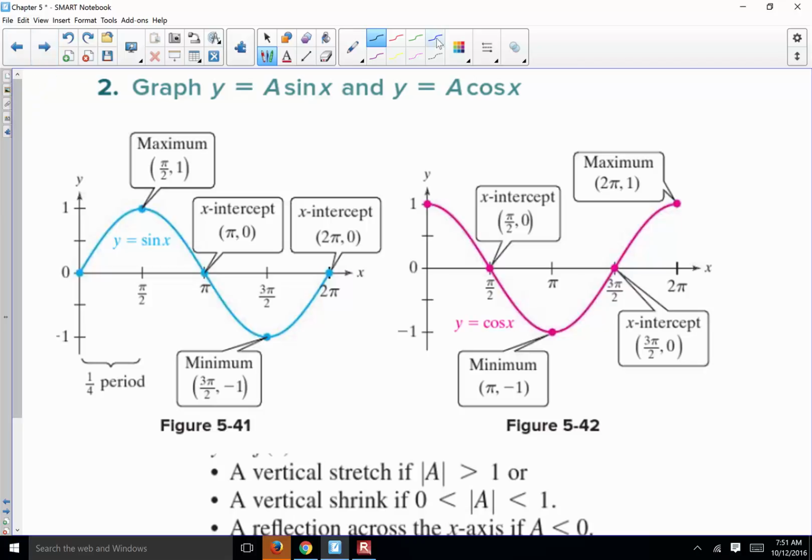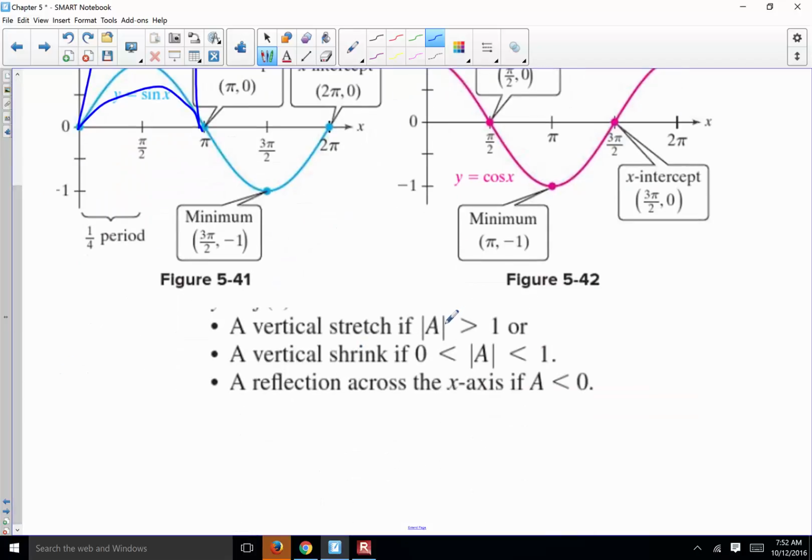We graphed sine and cosine with modified numbers. What if there is a number in front? We have seen that this number in front, A, makes your graph either higher or lower depending on its size. If A is big, you're really stretching it up. If A is small but still a positive number, more than 0, it shrinks, it gets lower, like this.